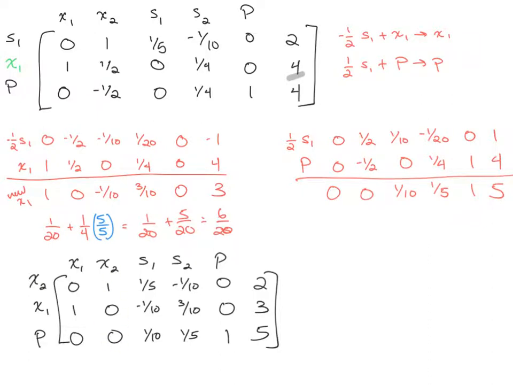Well, we have an x sub 2, we have an x sub 1, and we have a p, which was our objective function. So it looks like our solution here would be something like this. X sub 1 is 3, x sub 2 is 2, and p is 5. So we have a maximum of 5 when x sub 1 is 3 and x sub 2 is 2.